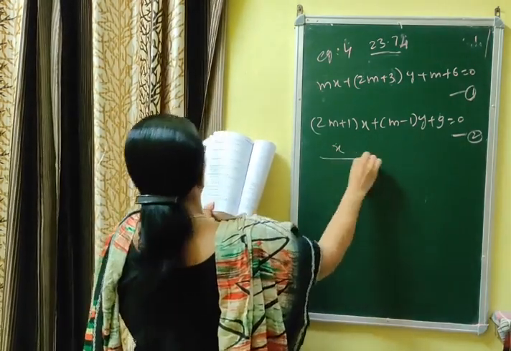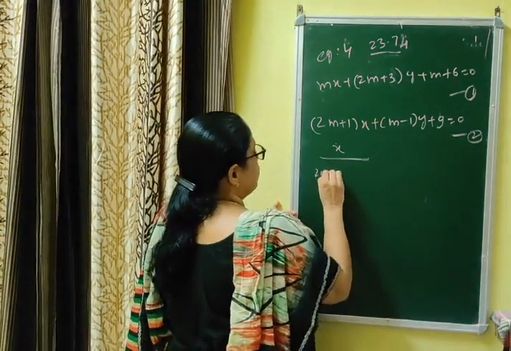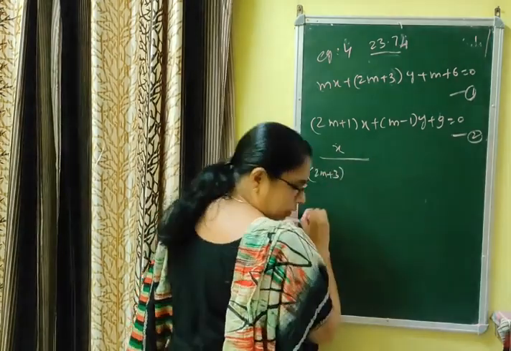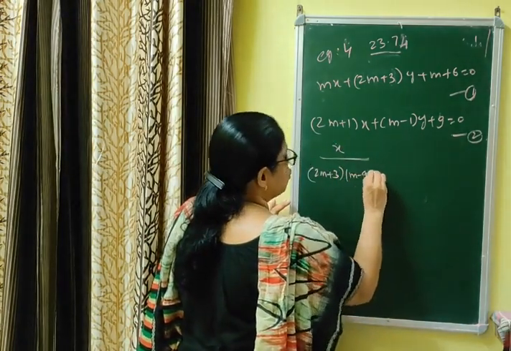x by (2m plus 3) multiplied by c2 minus b2 c1, m minus 9, that you can do by yourself.